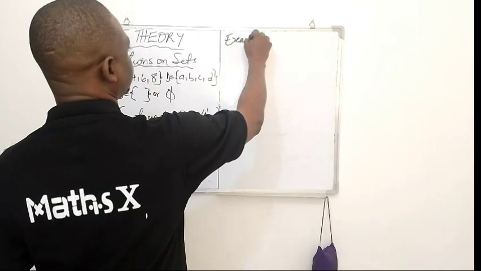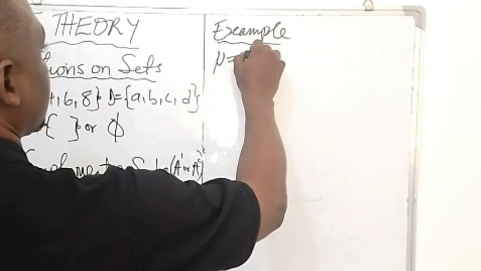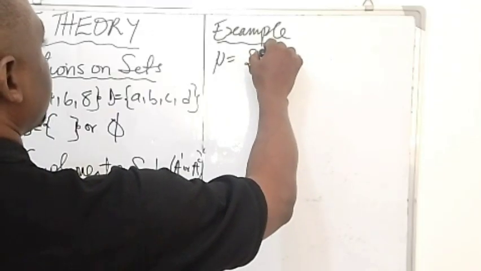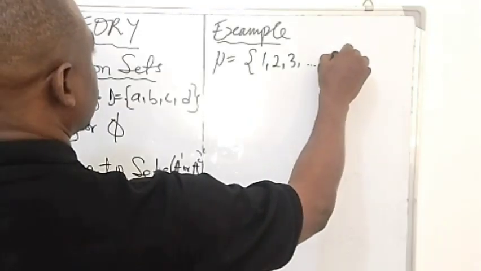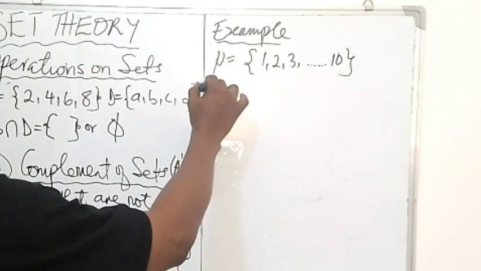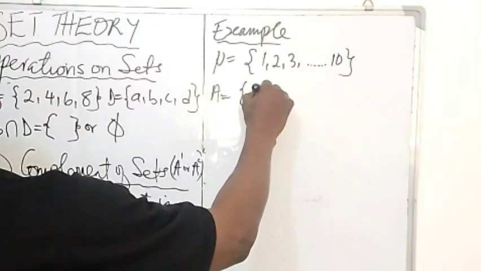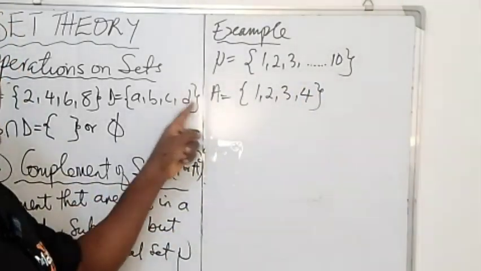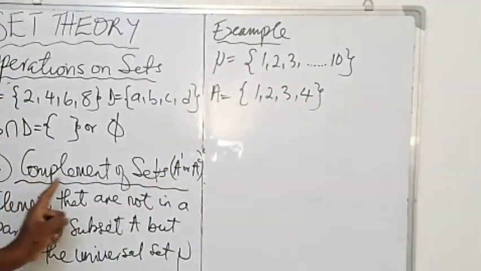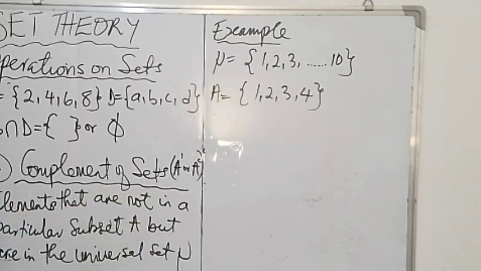Let's look at an example. I have a certain mother set which contains elements from 1, 2, 3, till 10. Then I have a certain set A which is 1, 2, 3, and 4. To express a complement, these are elements that are not in a particular subset A, but are in the universal set mu.